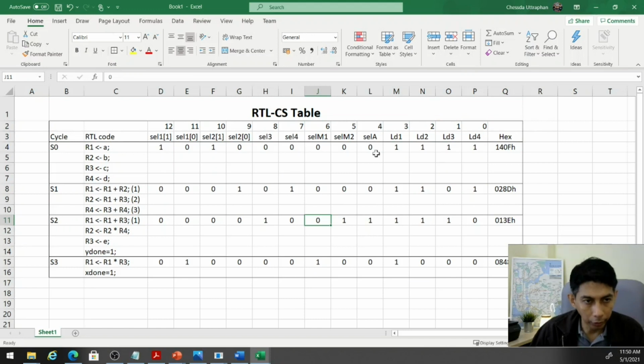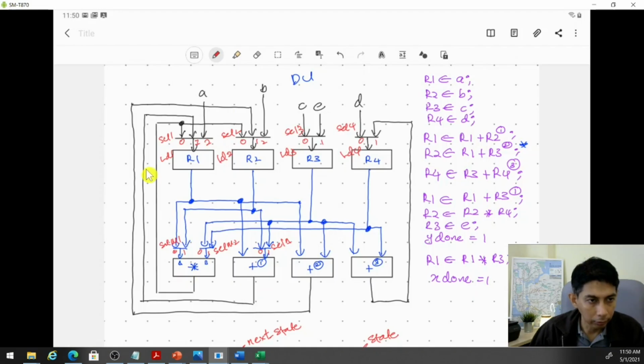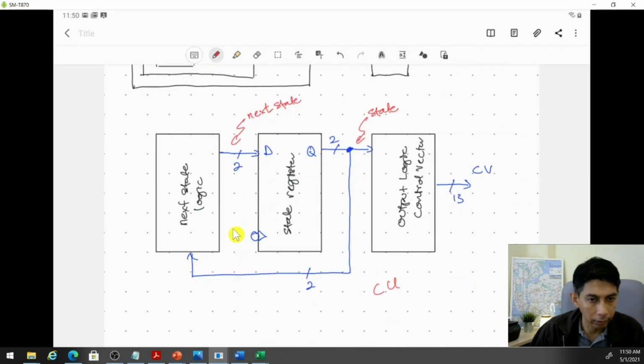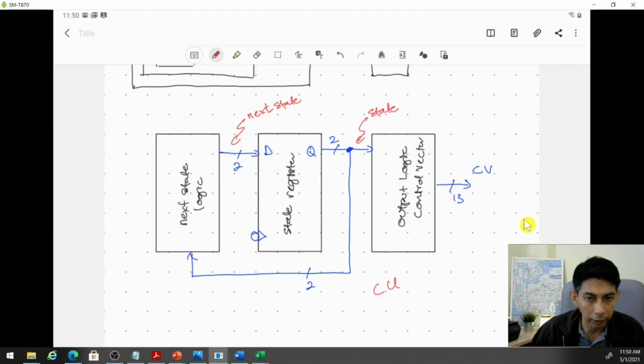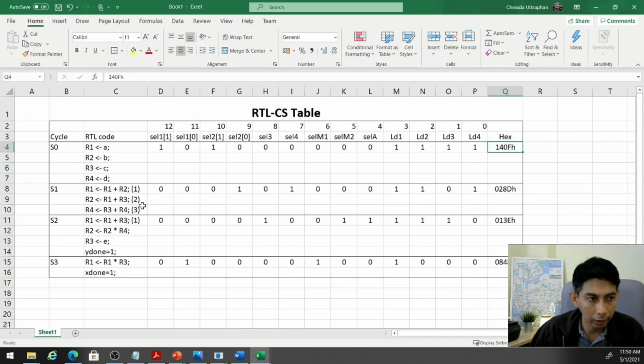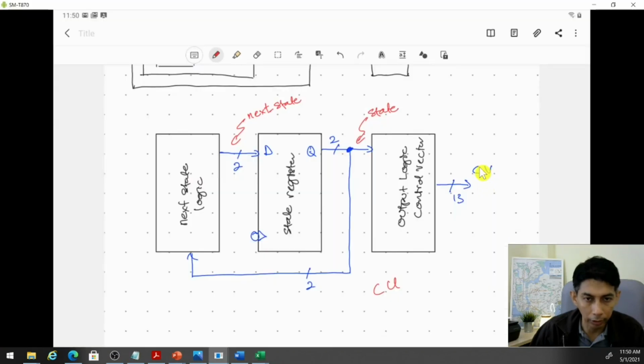All right, so we will use this sequence to create this CV, based on the cycle or state in this case. So if the state is 0, the output CV here must be this 13-bit number. And if the state is 1, this should be the output. In state 2, this should be the output, and state 3, this should be the output here.